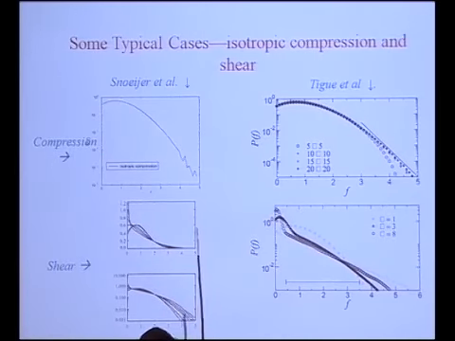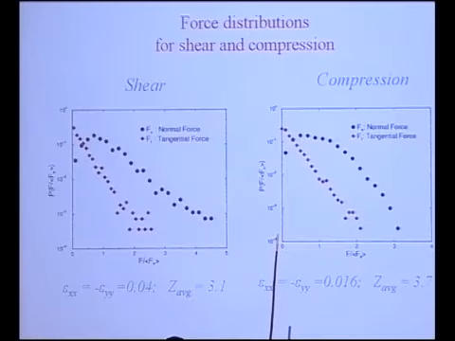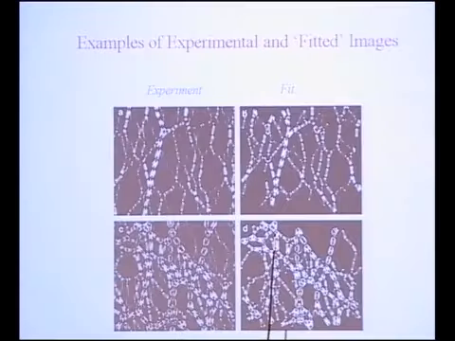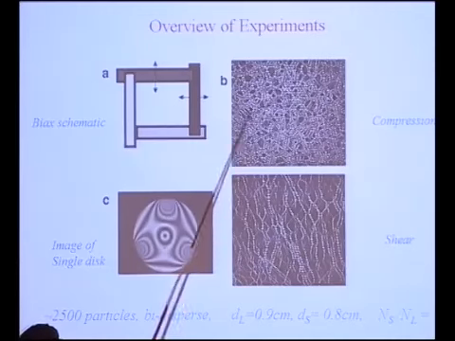You get something which has this sort of Gaussian-like tail in the isotropic case, but no matter whose brand you pick, you tend to push towards an exponential as you increase the force anisotropy.